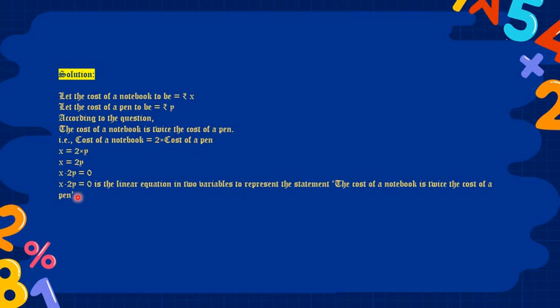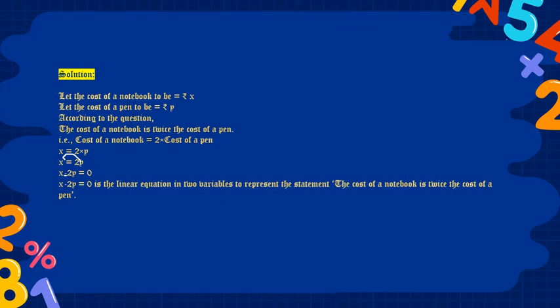When we transfer 2y to the left side, it will be minus 2y, and the final equation will be x minus 2y is equal to 0. This is our required linear equation.